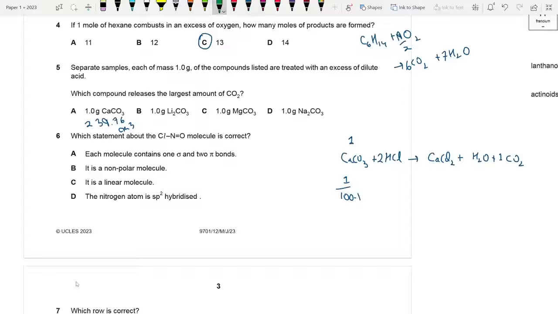We'll try lithium carbonate. Li2CO3 plus HCl is equal to lithium chloride plus CO2 plus H2O. 2 over here, 2 over here.